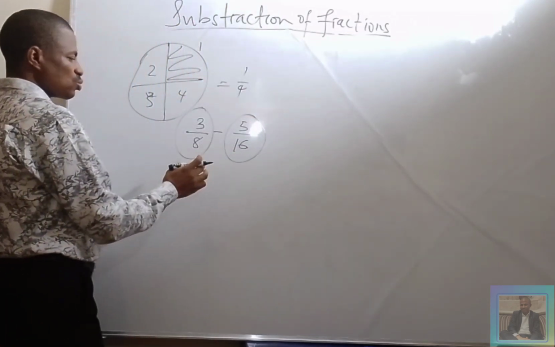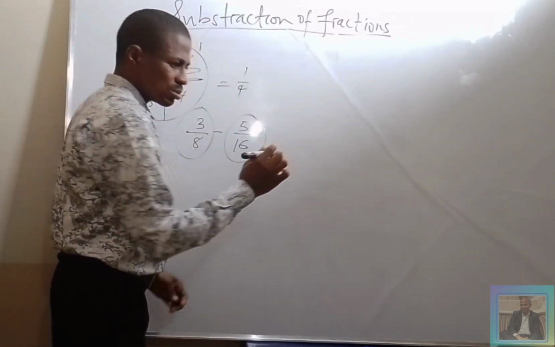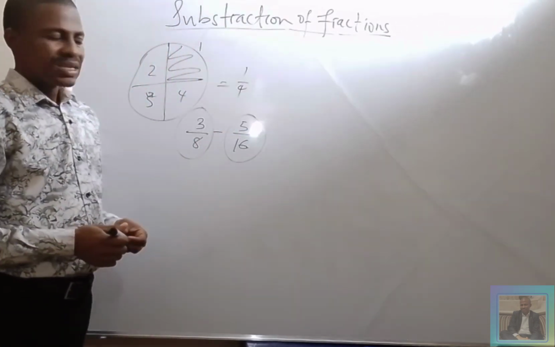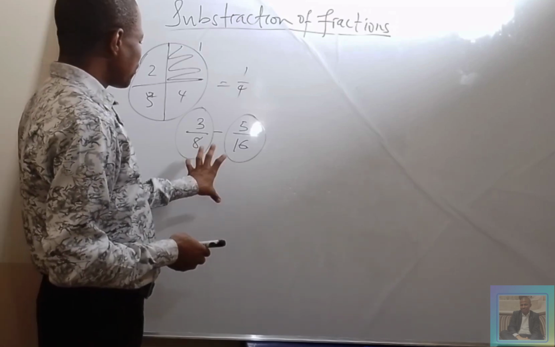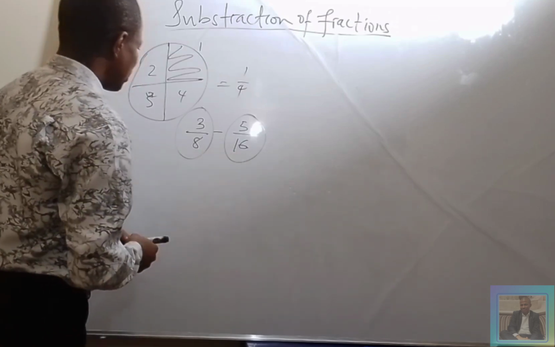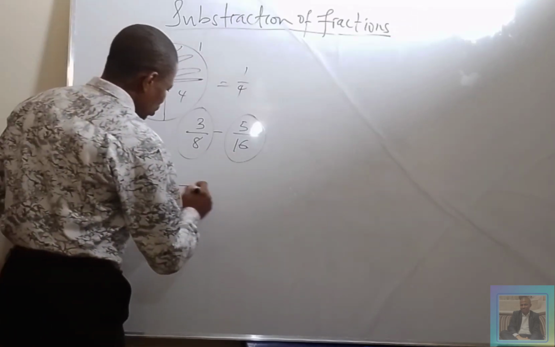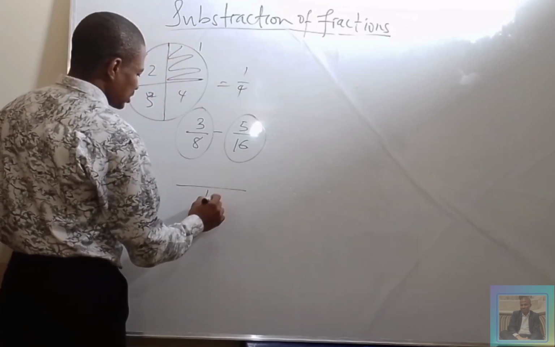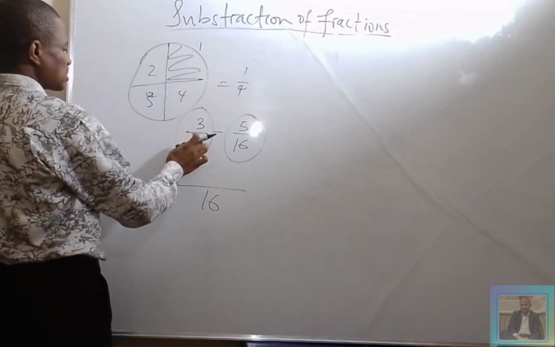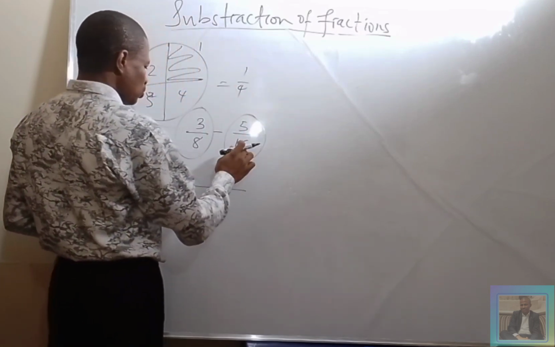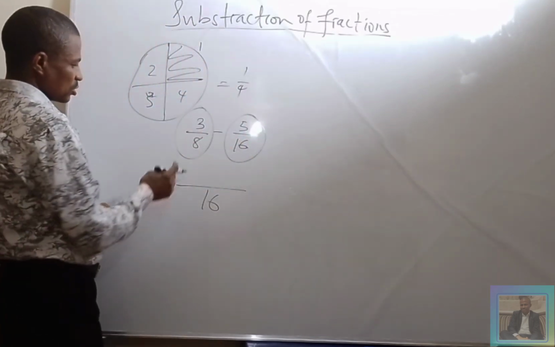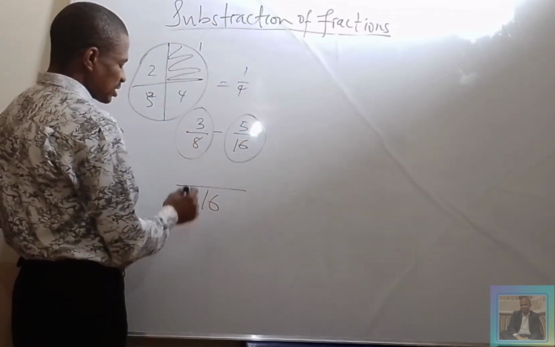Then we look for a number that is a factor for both figures. What factor do we have here? We have 16. 8 goes into 16 in 2 places, and 16 goes into 16 in 1 place. So how many 8s can we find in 16? 2.